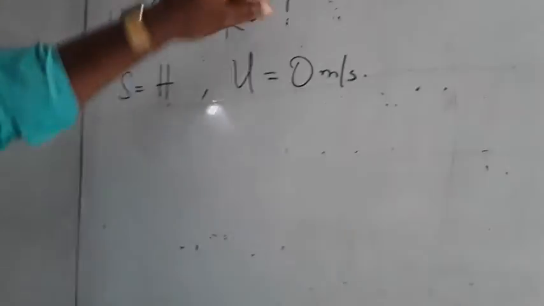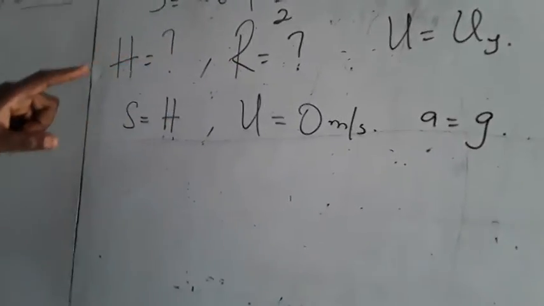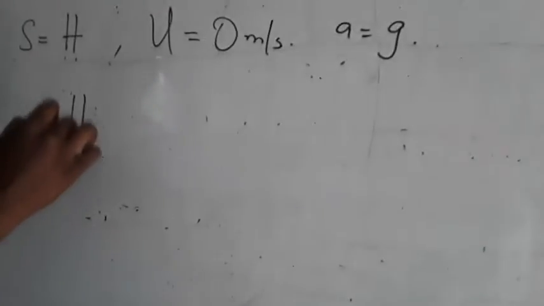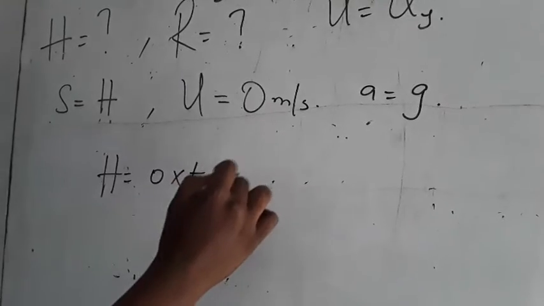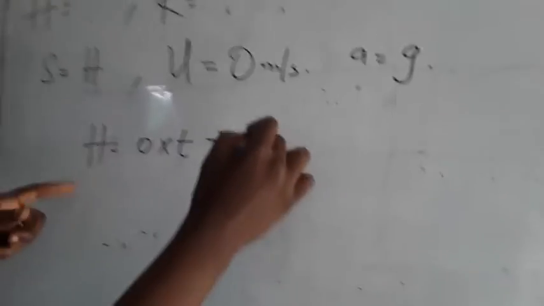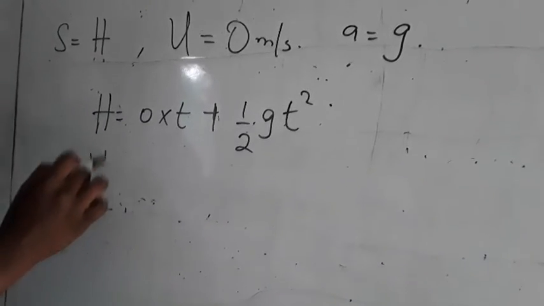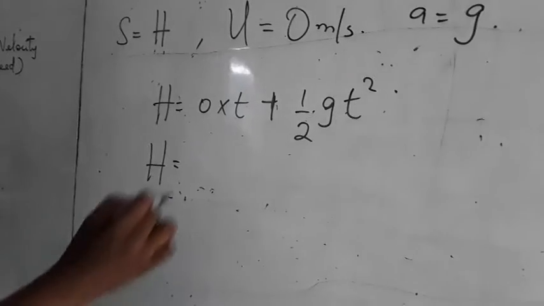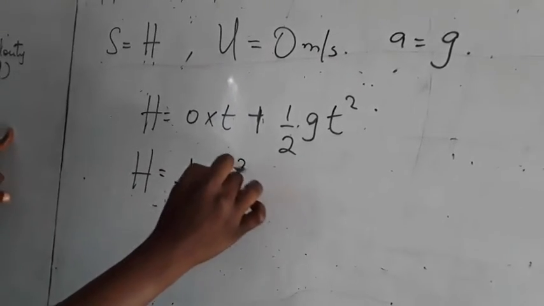So now, we have that our A is equal to G. And the time to reach the ground still remains. So we have it there as H equals 0 times T plus 1 all over 2 gt squared. So the formula for finding the height in a horizontal projection is half gt squared.